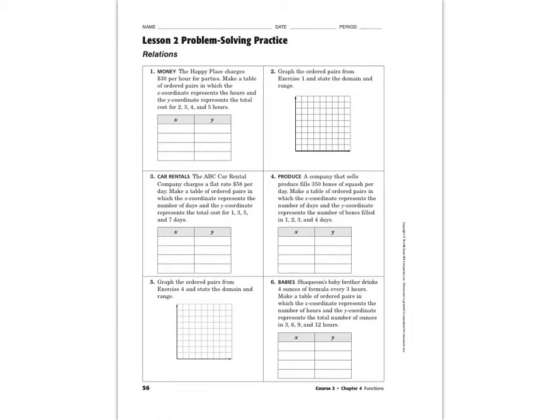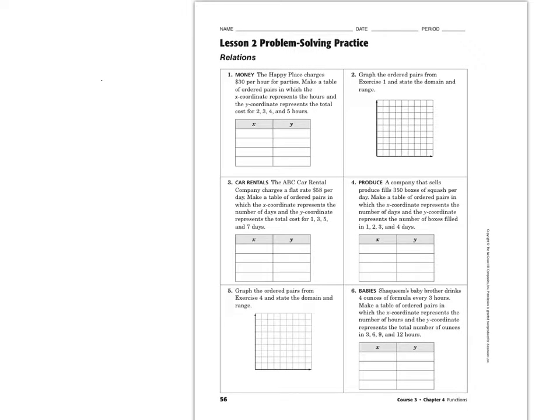So, page 2, again, what we want to do is we are solving chapter 4, lesson 2, relations. And we want to answer the first question. First question is about money. It says the Happy Place charges $30 per hour for parties.